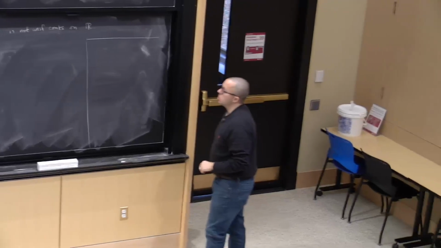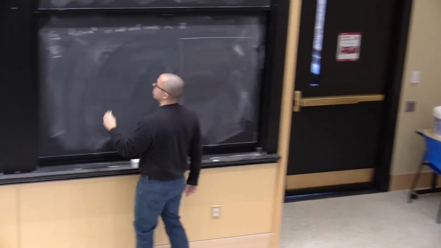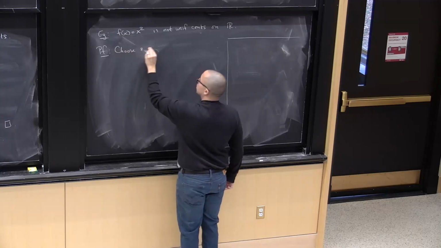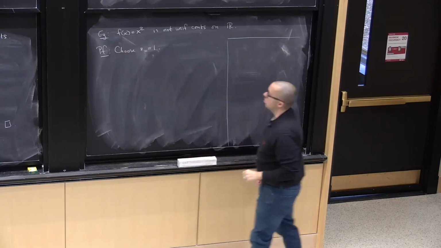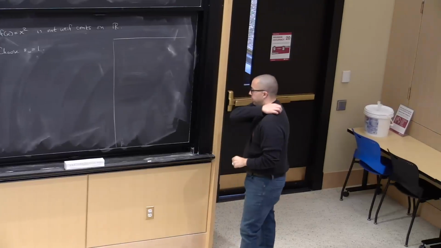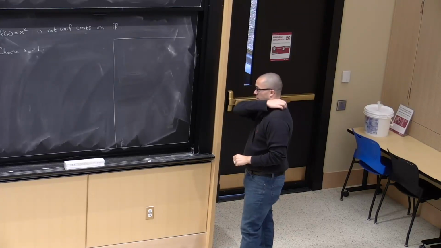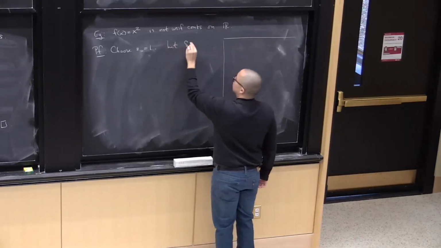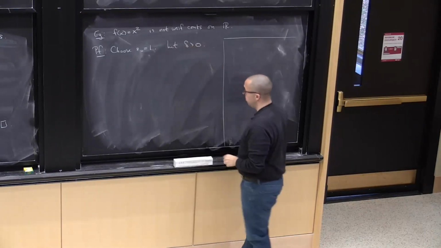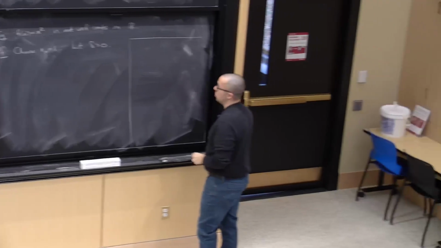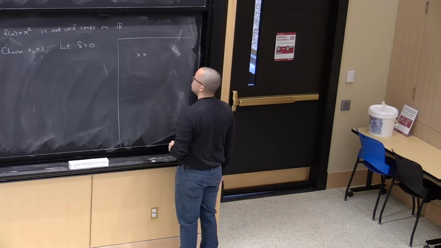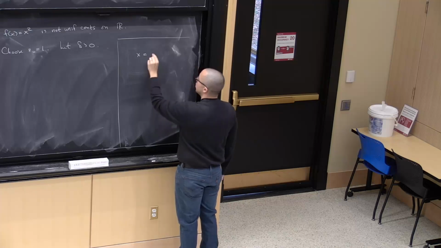So we want to show this is not uniformly continuous, so I think epsilon 0 equals 1 is going to work just fine. Let delta be positive. And the idea is we want to choose x to be some number.